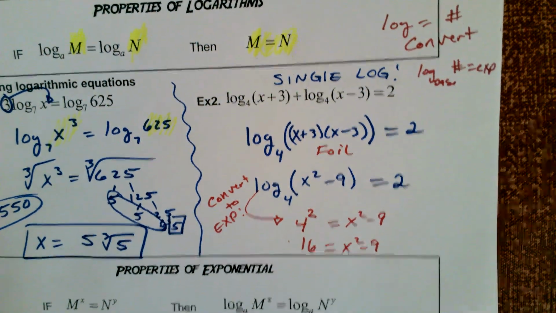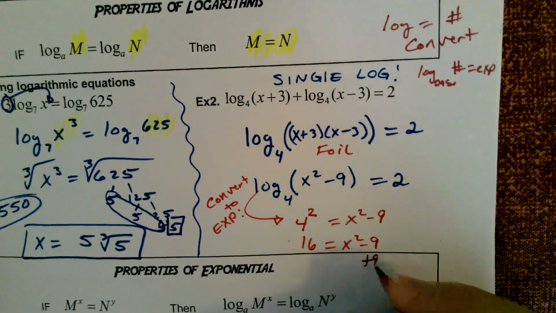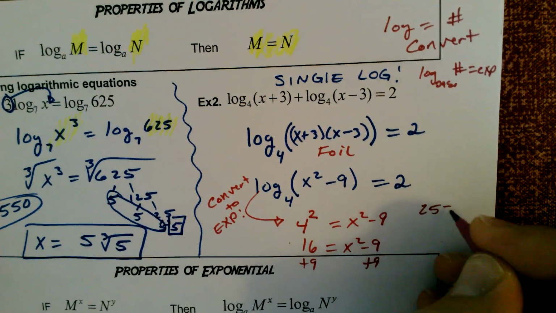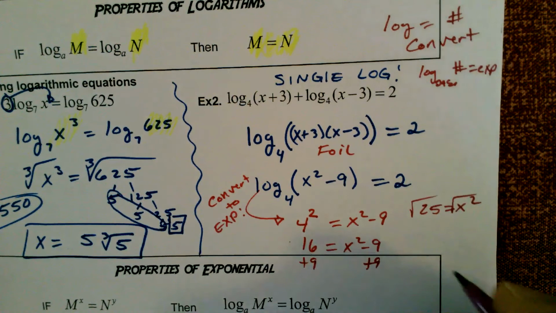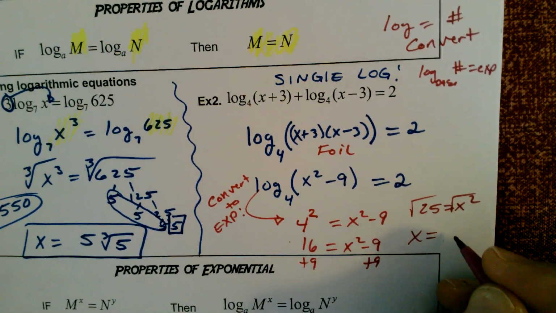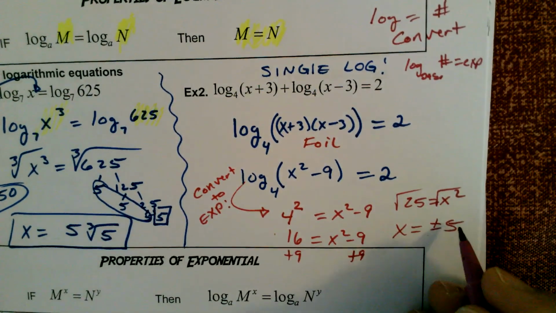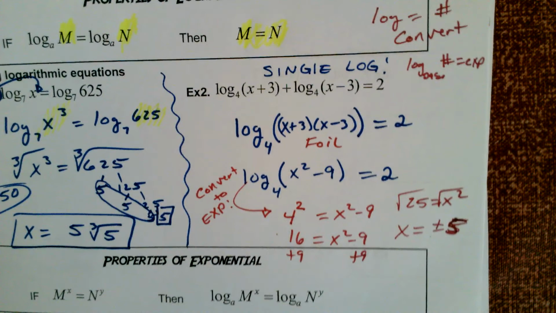You could also subtract 16 and do the factor method, or you can add the 9 and do the square root method. It's kind of whatever you want. So add 9, I get 25 equals x squared, and then square root it. And we get x equals plus or minus 5, technically. So technically, there are 2 answers here.